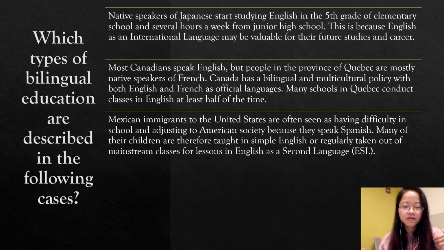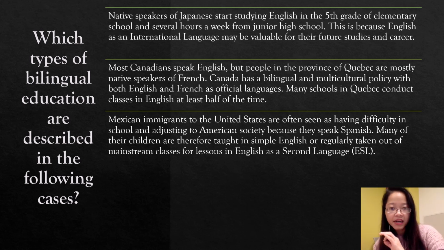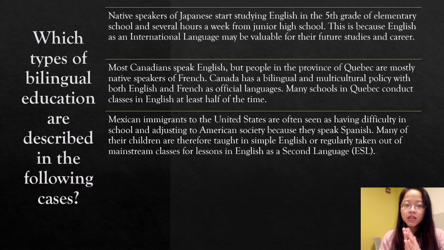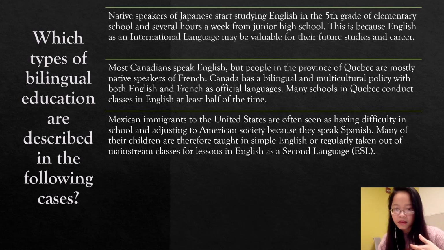Okay. Whereas compared with the first case, it's more like mainstreaming in Japanese with English taught as a foreign language, right? Right. So think about that. And maybe the first case will be more about limited bilingualism.